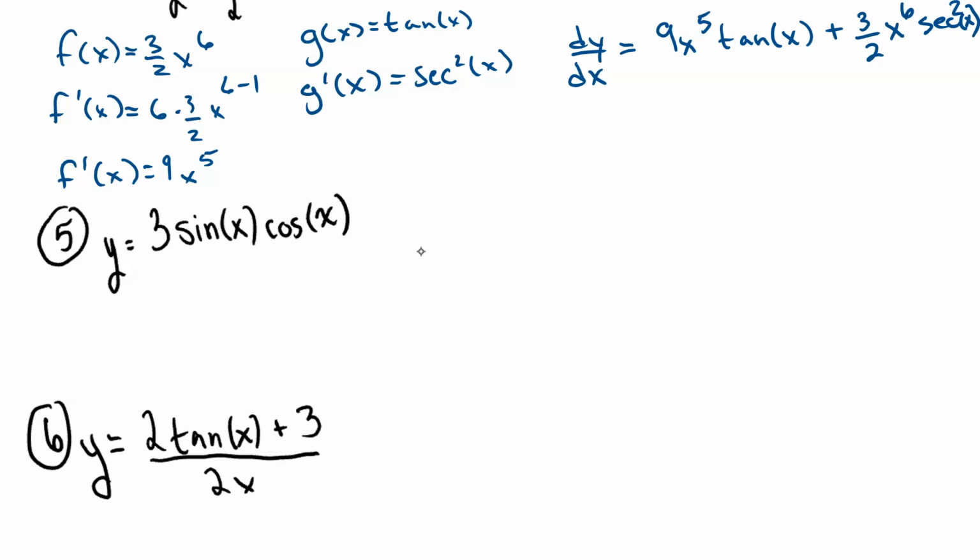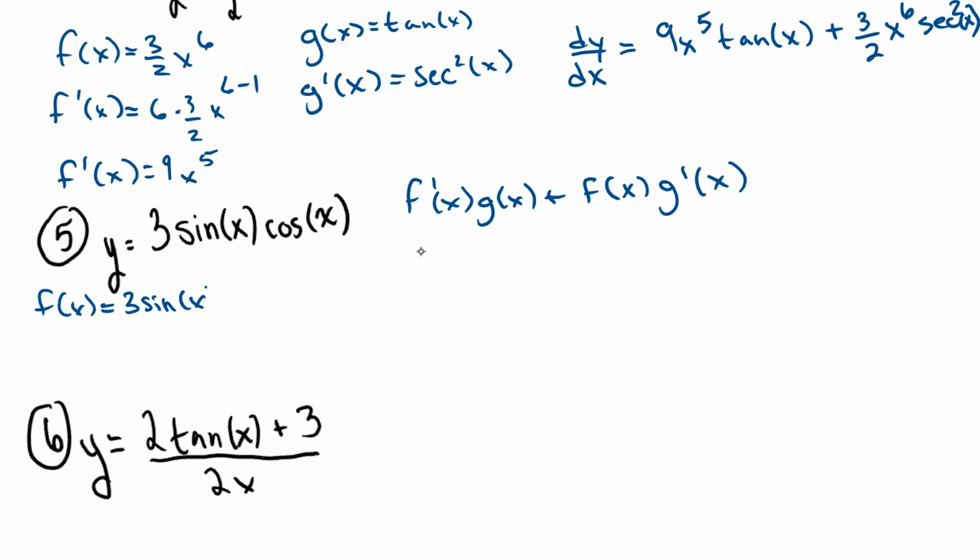So here we've got the same rule, f prime times g plus f times g prime. So f of x here, 3 sine x, g of x is cosine x, f prime of x is the derivative of sine, cosine, so 3 cosine x.